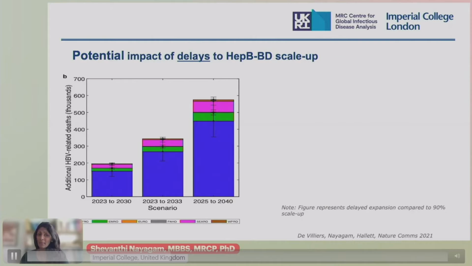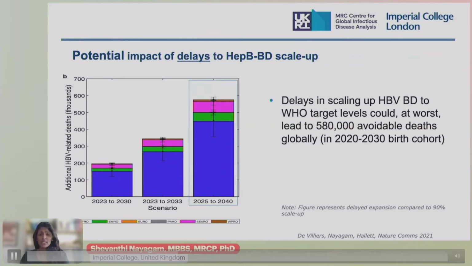Conversely, when we look at the impact of delays to hepatitis B birth dose scale up, this is compared to the 90% scale up, which is the ambitious scenario. We see a different pattern. Here, we have 3 levels of delay to starting or scaling up hepatitis B birth dose. And here what you see is the blue area, which is WHO Afro region, could be the most affected.